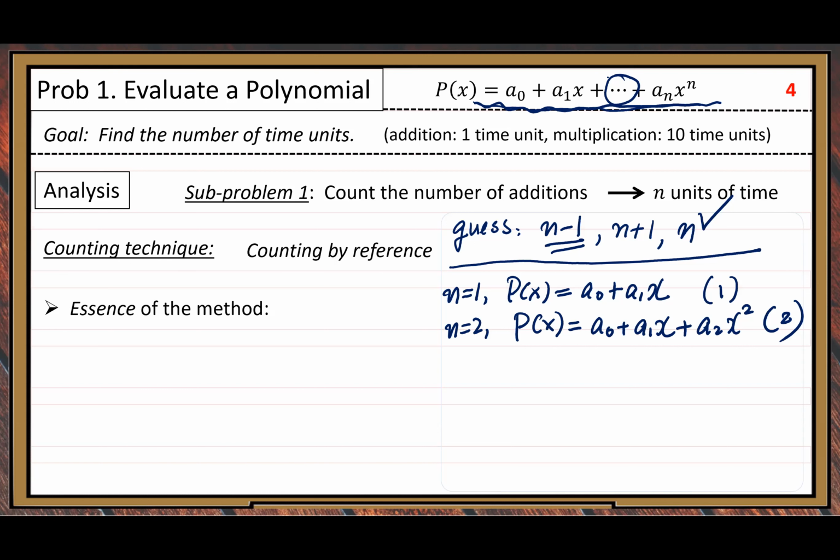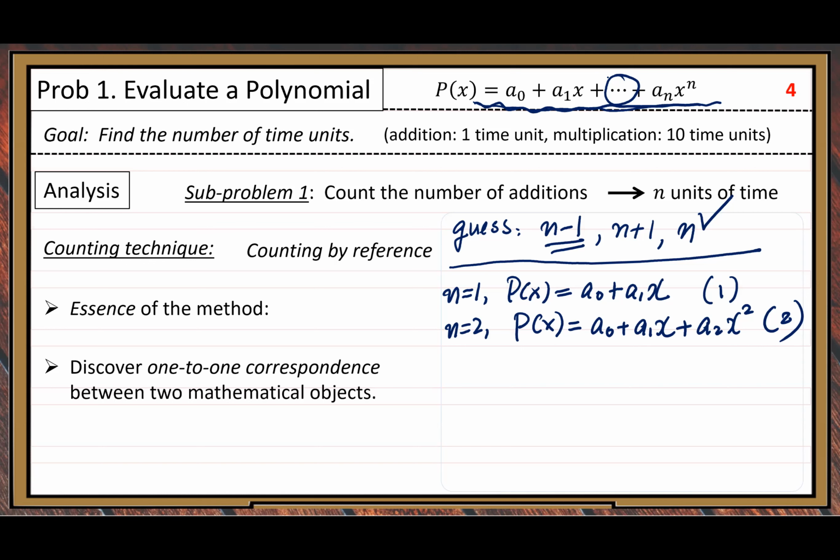Let me describe this method first. The essence of this method is that we want to discover a one-to-one correspondence between two mathematical objects. Here I use abstract terms; later I will do the translation.